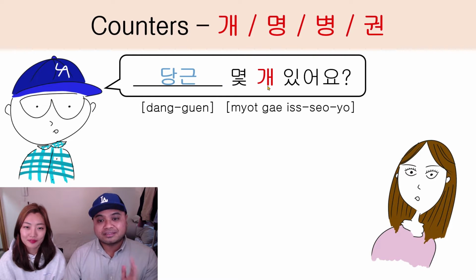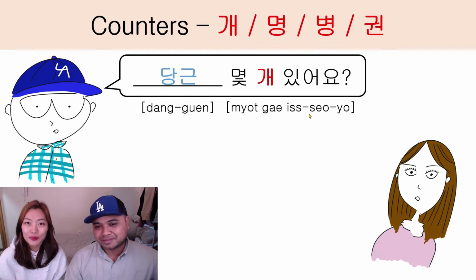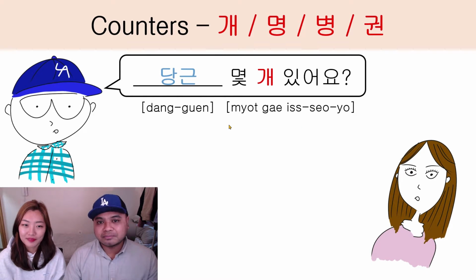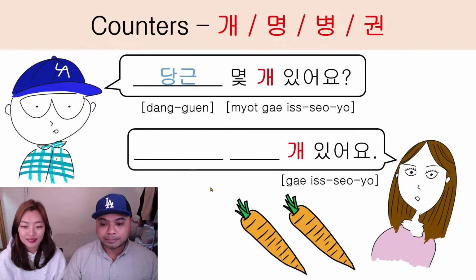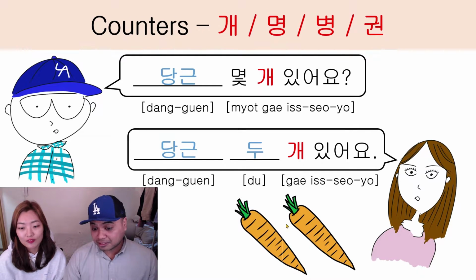So 당근 몇 개 있어요? Yeah. So I'm asking, how many carrots do you have? There are 2 carrots here, and so guys, remember the first part, you need to put the noun. So 당근, and there's 2, right?